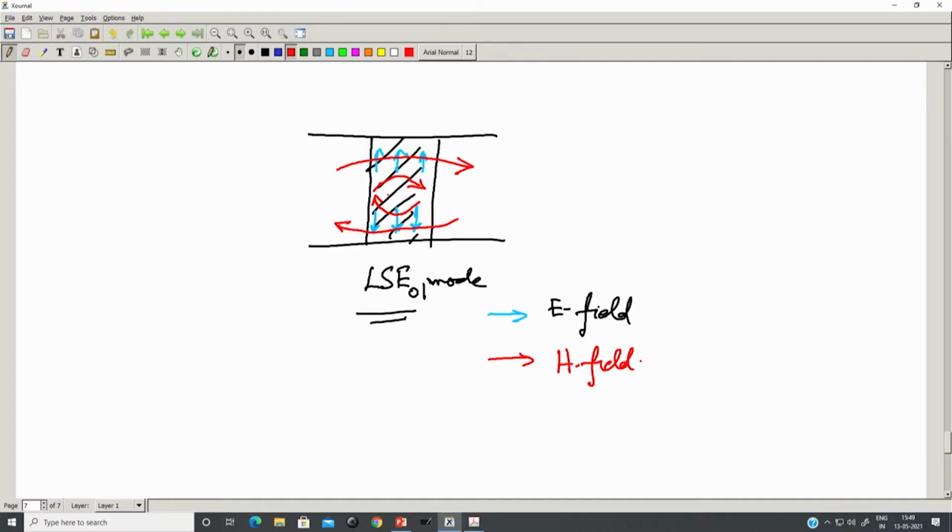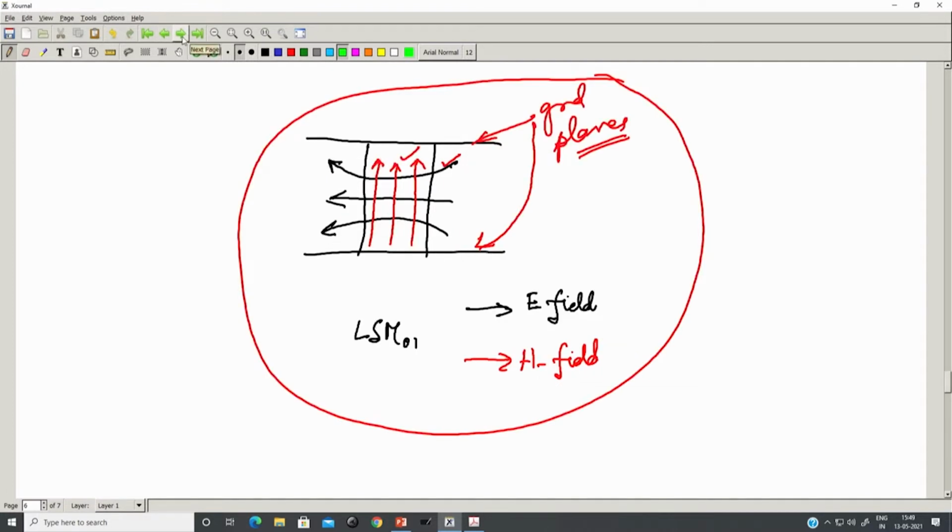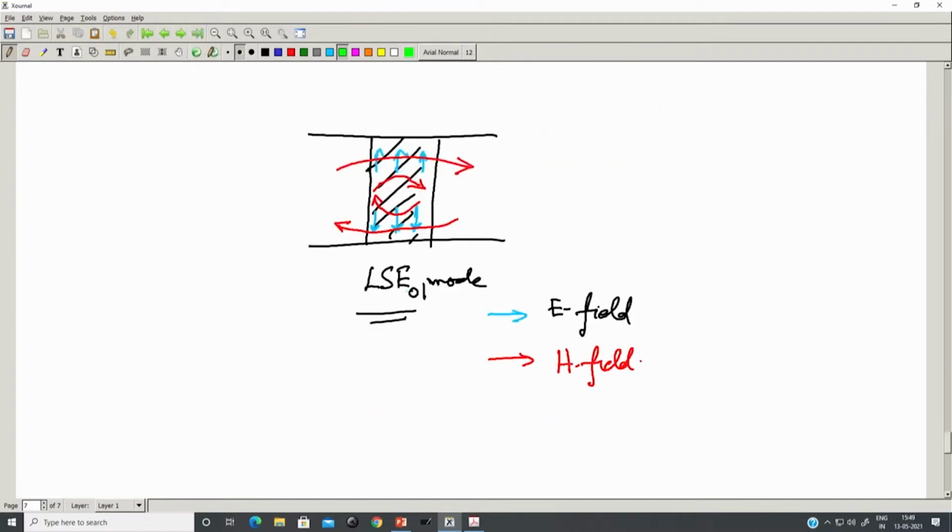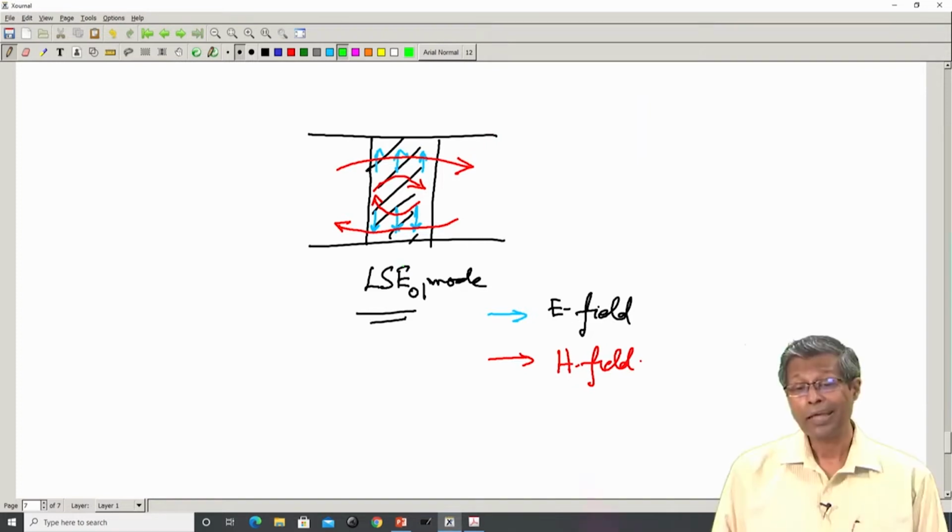So, you can see that, let me just draw the axis. If we just see that the electric field is totally tangential to the air dielectric interface.